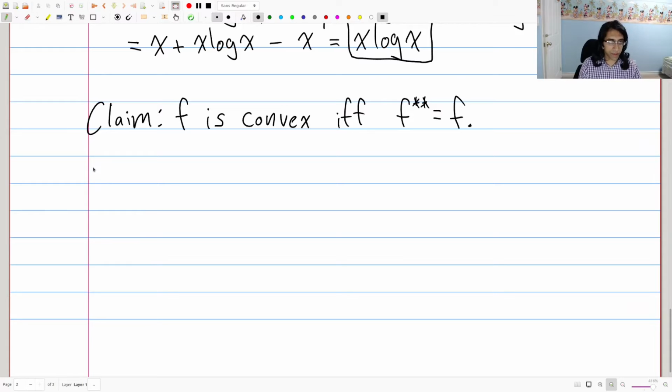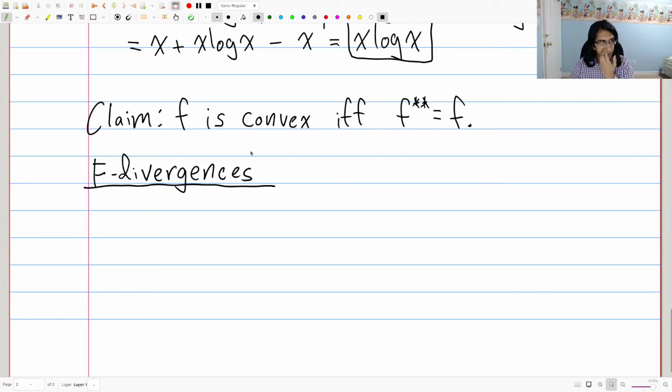Another tool we're going to mention is that of f divergences. So now f divergences, you have already seen them before in the sense that they're ways of measuring the distance between two distributions. So let me write out what the definition of the f divergence is.